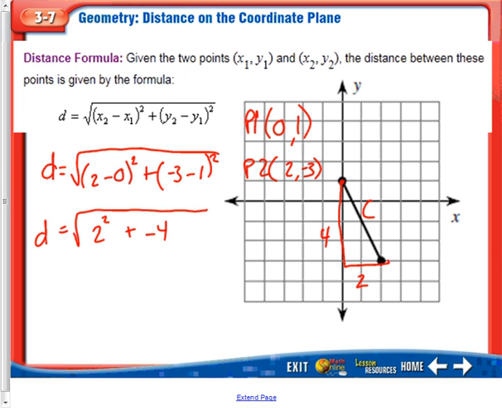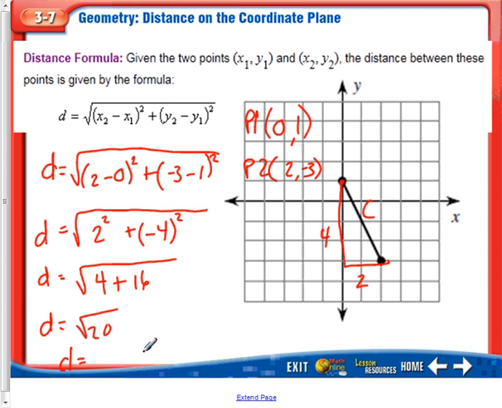Well, that's negative 4. And remember, we're squaring this whole thing, not just the 4, but negative 4. So now D equals the square root of, we're going to have 4 here, plus this negative 4 times negative 4 is positive 16. So D equals the square root of 20.